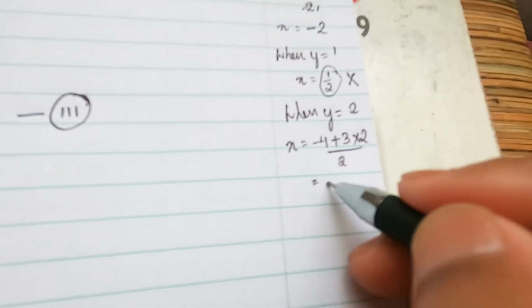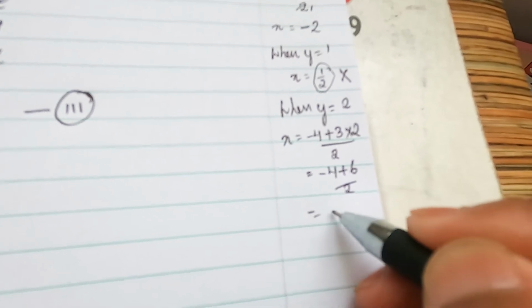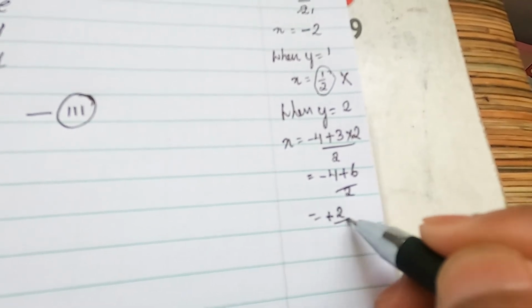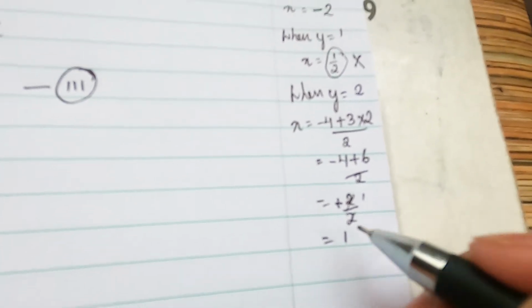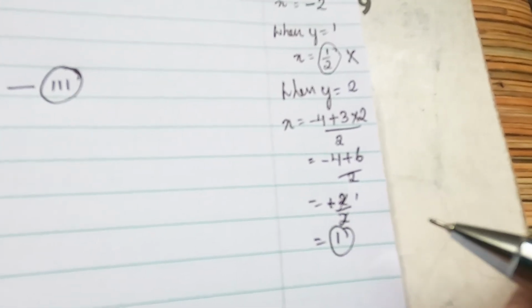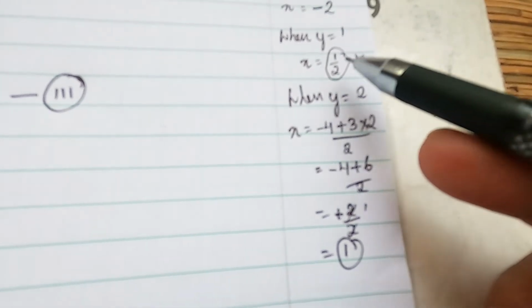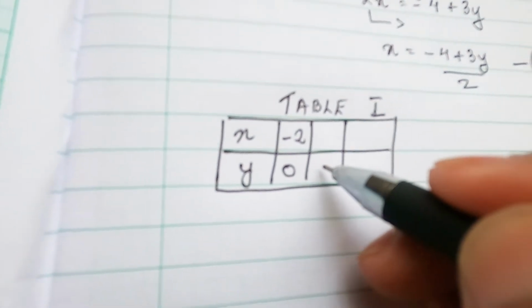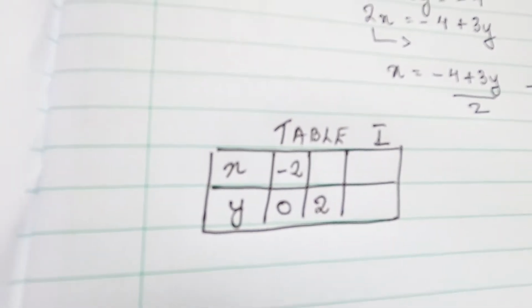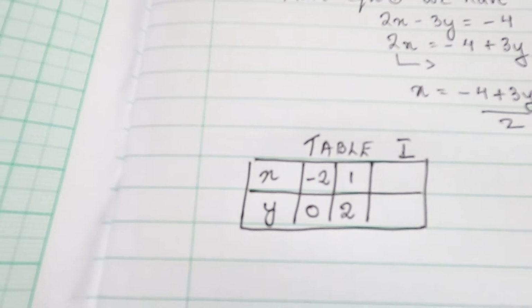So minus 4 plus 6 by 2 is 2 by 2, 2 into 1 cancel. How much are we getting? 1. So in this case 1 is not a fraction or an index, so we can use the value of when y is 2 and x is 1. So we will write here y is equal to 2 and the value of x will be 1. All right, so I hope it is clear.